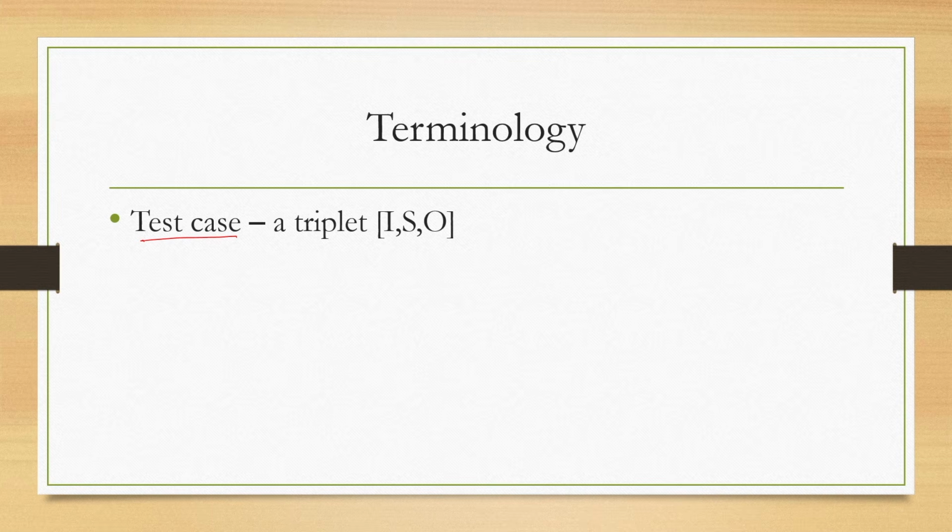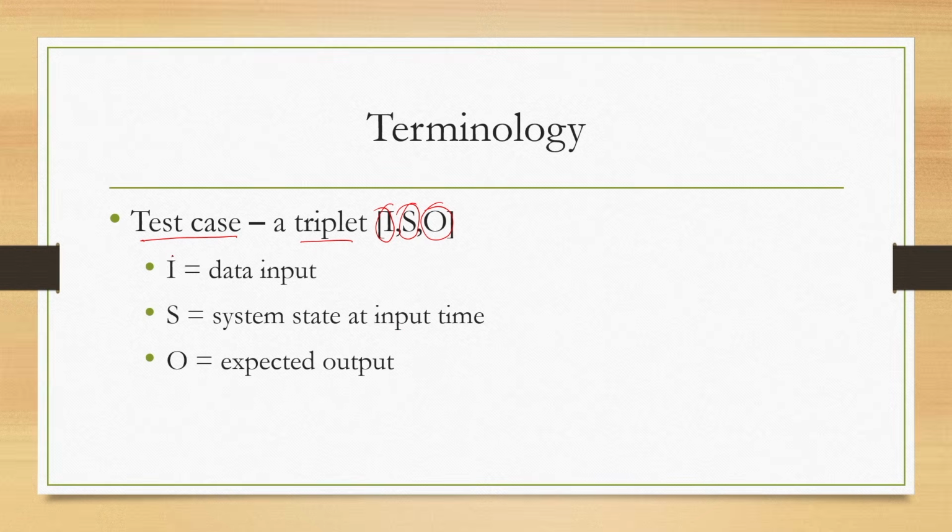A test case can be considered to be a triplet: I, S and O. So, here I stands for the input data, S stands for the state of the system at the time of providing input data, and O stands for the expected output. So, that is the meaning of the triplet, and this triplet is popularly called a test case.